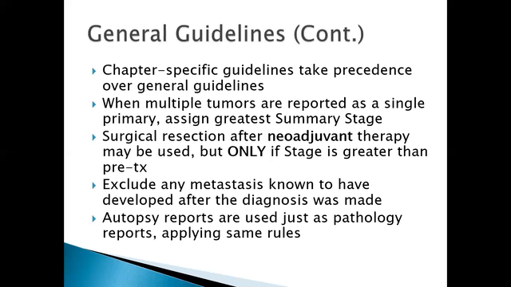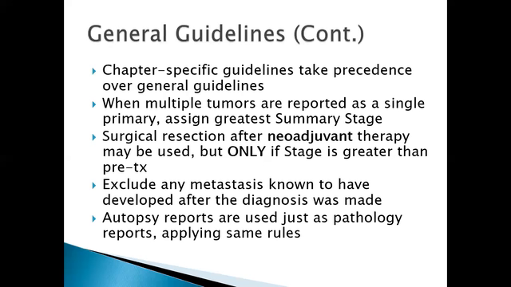So you only use the surgical resection information after neoadjuvant therapy if the stage is greater than what it was before treatment. You need to exclude any metastasis known to have developed after the diagnosis was established, okay?